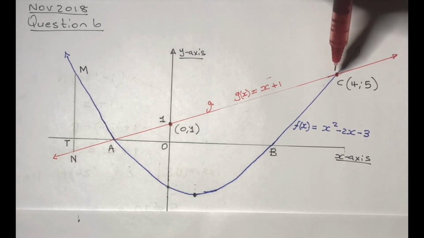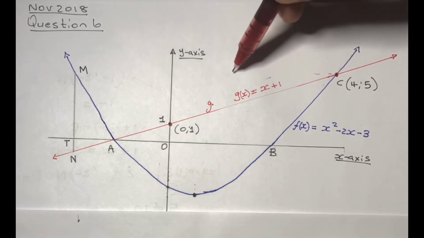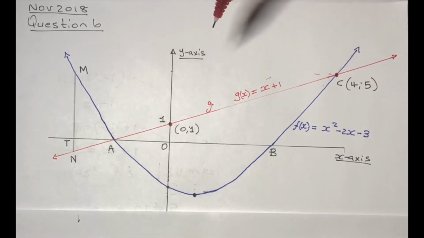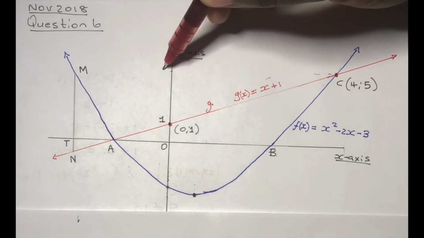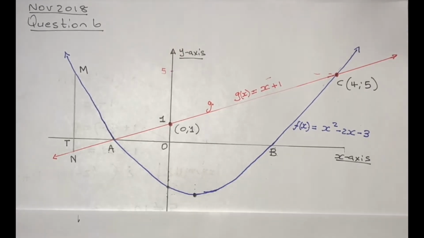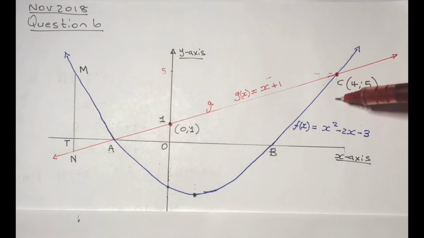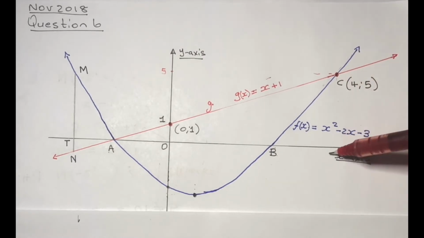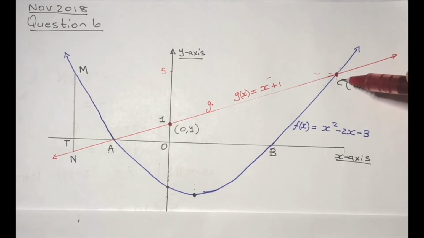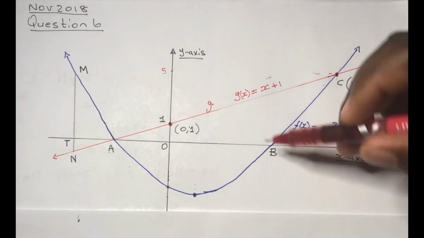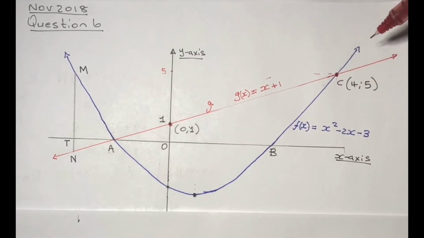So it means at that point, somewhere there, it's 5. And from that point going down, somewhere there, it's positive 4. So these are the coordinates of point C, which lies on both the parabola and your straight line.